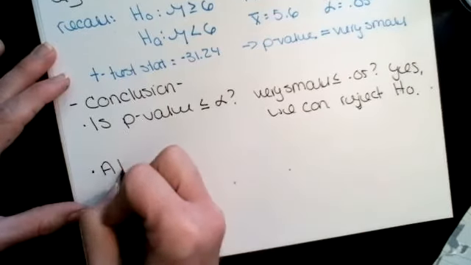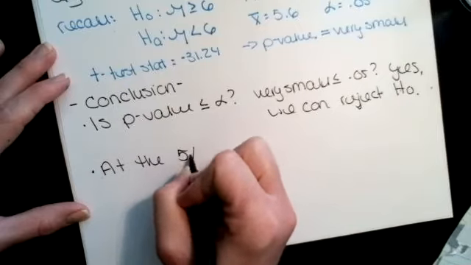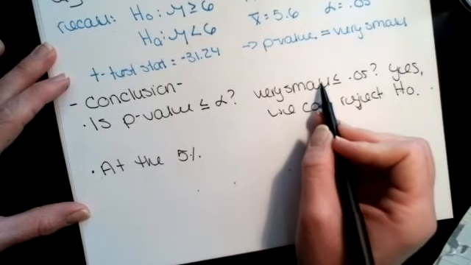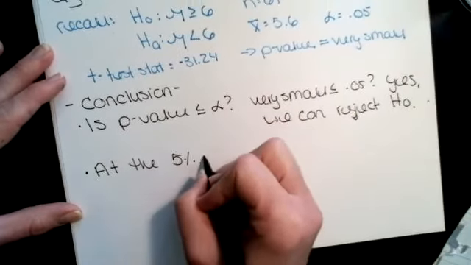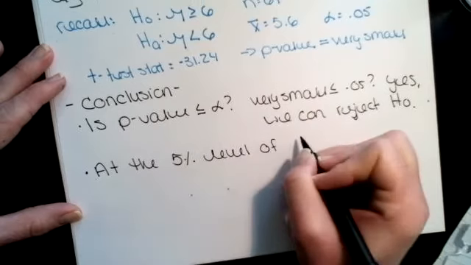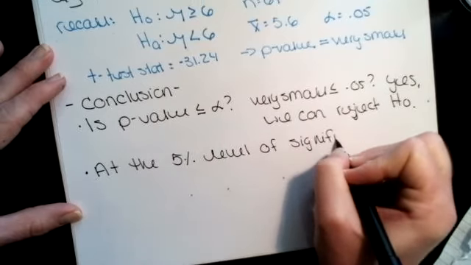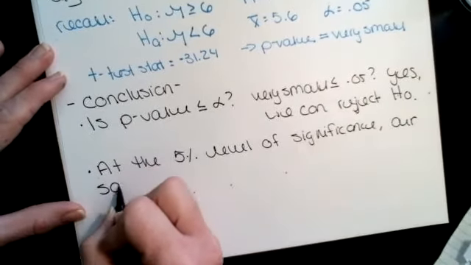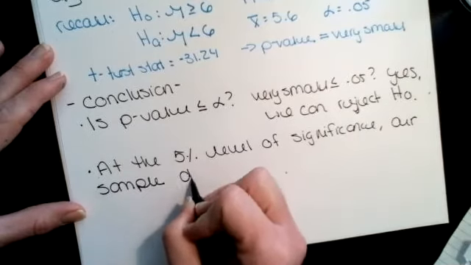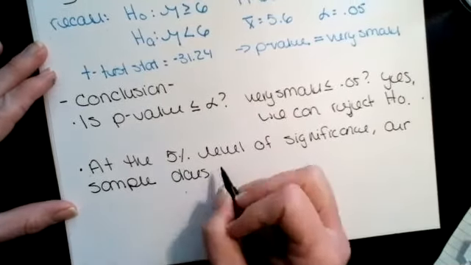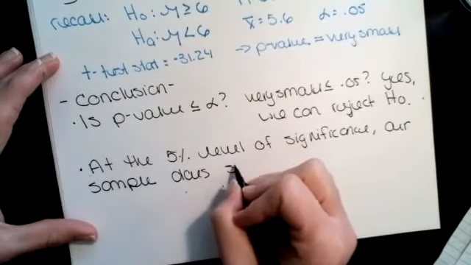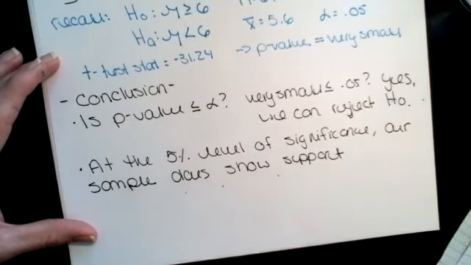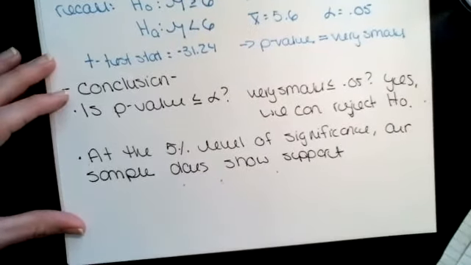So now I just want to write that out. So at the 5% again, because our alpha was 5% up here, that's what we compared our p-value to. The level of significance, our sample does, because I said yes, show support. Now I'm going to just copy and paste my goal in here when I'm using my computer.